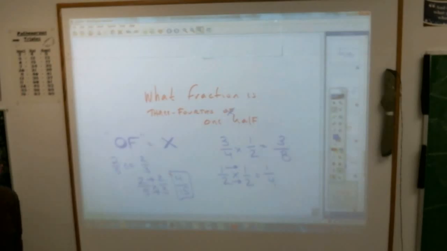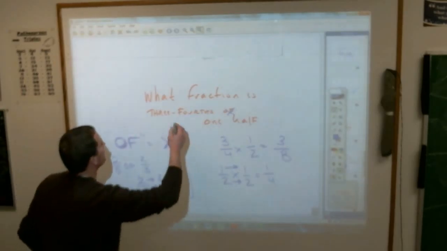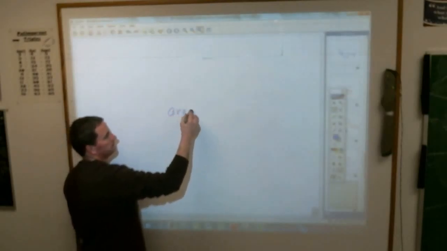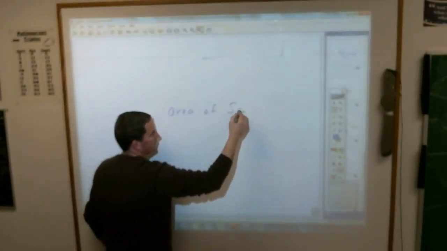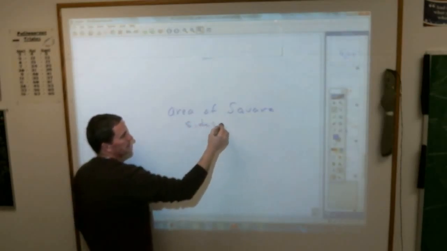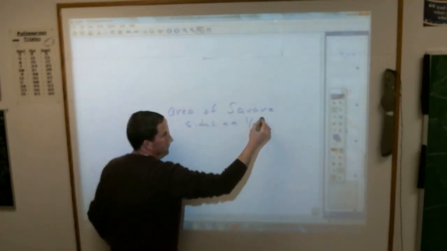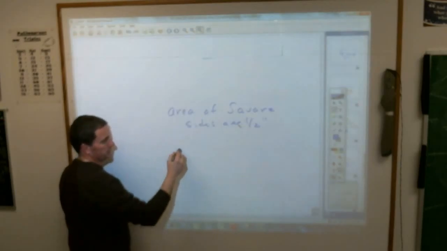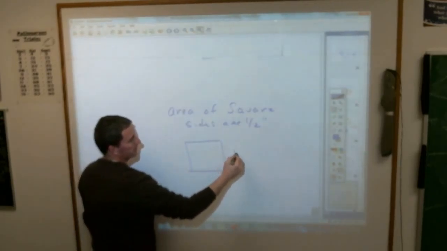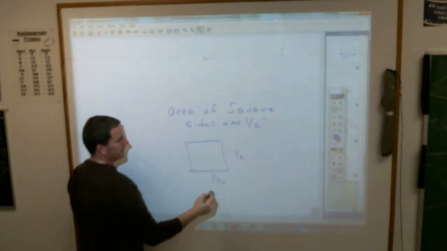Another question they might ask is this: what's the area of a square whose sides are 1/2 of an inch long? Well, obviously you draw the square on your paper. How long is each side? 1/2 of an inch. How do you find the area?